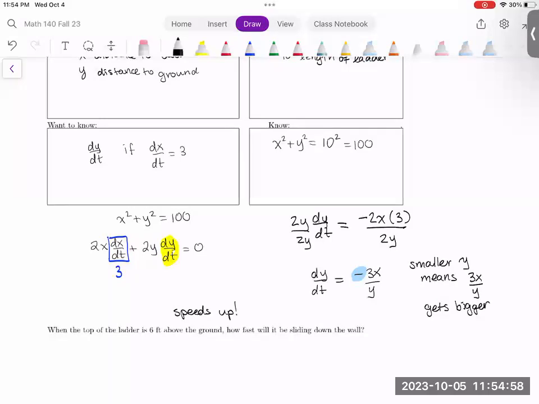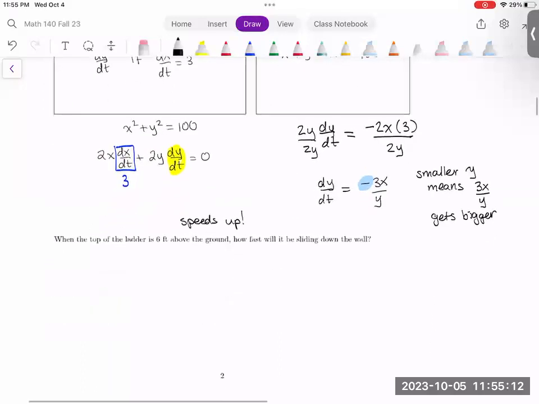We can take a look at a specific snapshot in time. It says, when the top of the ladder is 6 feet above the ground, how fast will it be sliding down the wall? Often, when we're interested in this kind of snapshot in time, it helps to return to our picture that relates our variables.